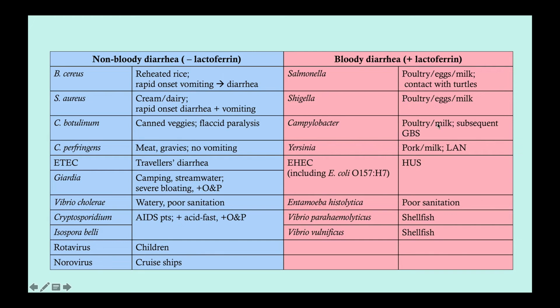The big one here is that they are at risk for a subsequent Guillain-Barré syndrome. So the USMLE, a lot of times the way they'll pose that to you is you have a patient with Guillain-Barré syndrome, or all the symptoms of it at least, the ascending paralysis and so forth. And then it tells you that 3 weeks ago they had an episode of diarrhea which resolved on its own.